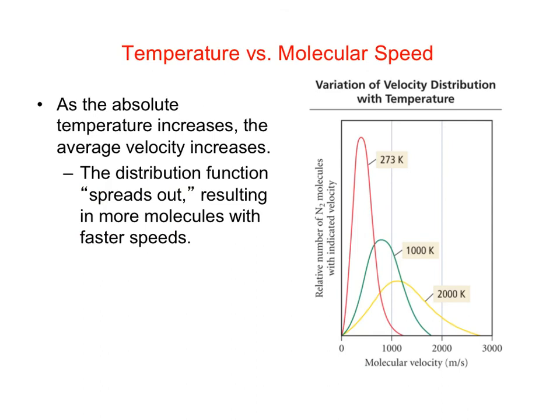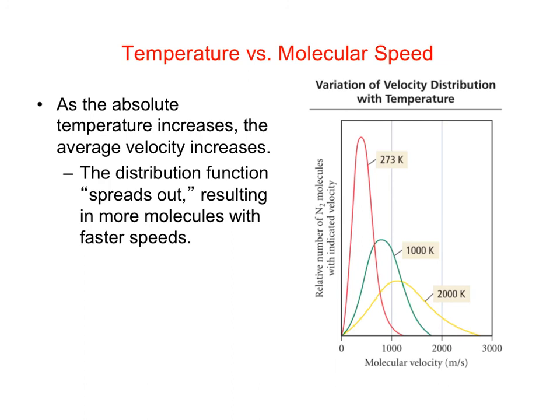All right. The final thing I want to talk about is how the temperature influences the molecular speed. As we would expect, as the temperature increases, the average kinetic energy of the molecules increases.